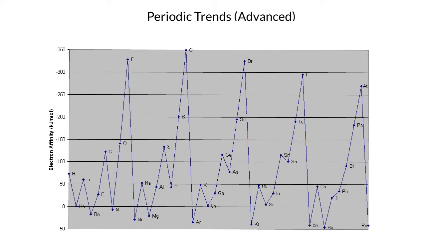We also notice a drop in the electron affinity values of those group 2 elements, so beryllium, magnesium, calcium, strontium, barium. And we're seeing this significantly drop, where it's actually becoming very unfavorable to add an extra electron to these. Well, again, if you think about the electron structure of these, beryllium, magnesium, calcium, strontium, barium all have a full s sublevel on their valence shell.